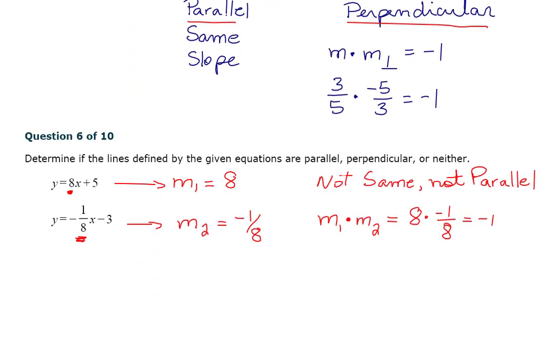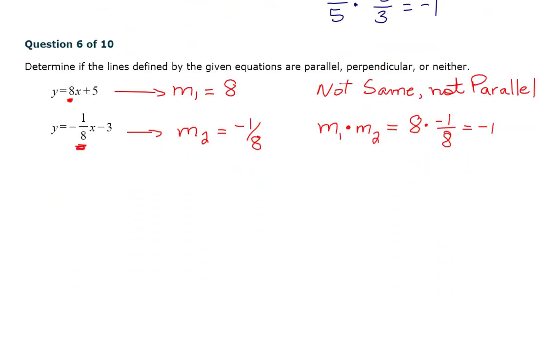All right, question 6. I want to determine if these two lines are parallel, perpendicular, or neither. You might say, well, how can they be neither? Well, they can just be crossing in some way. They don't have to be crossing perpendicular. Well, let's see.